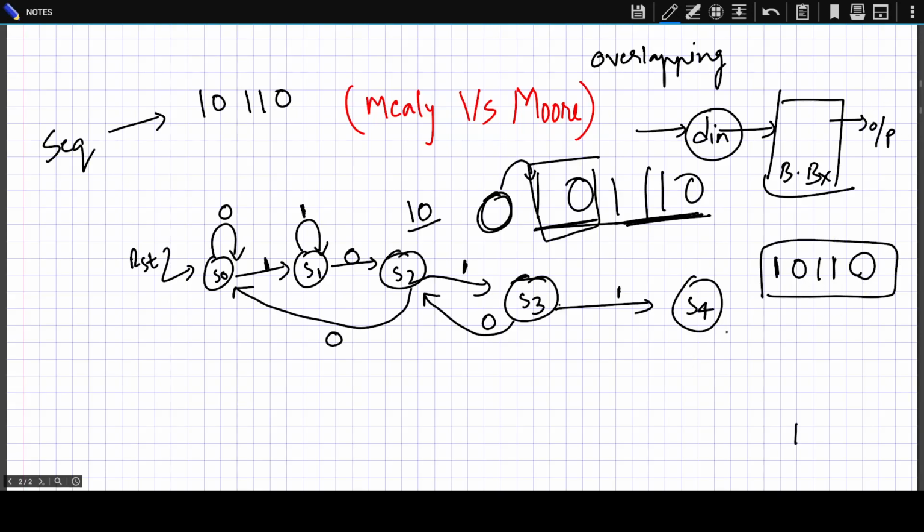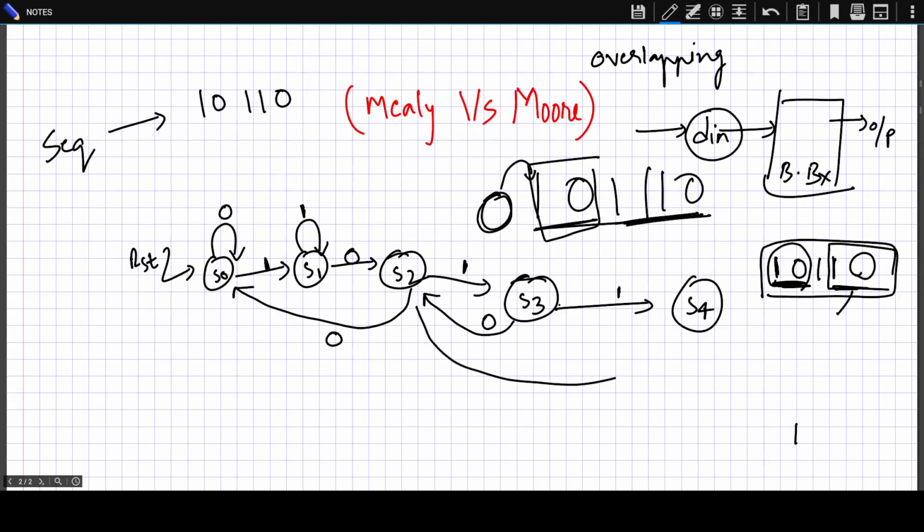Here you got the pattern 1 0, and because we are matching overlapping sequences, we naturally go to the state where 1 0 was matched, and that is s2.